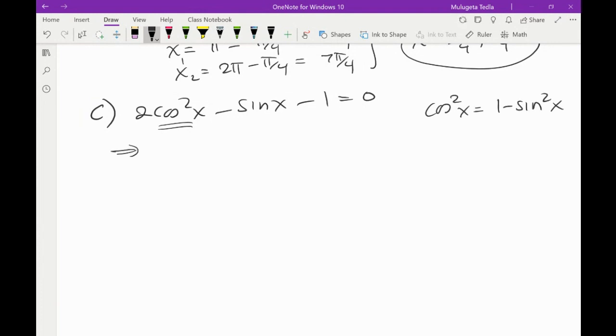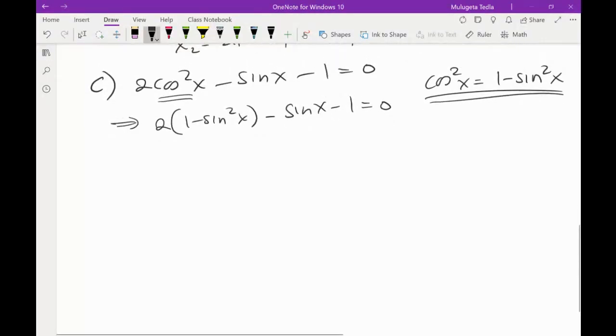So I will write 2 times 1 minus sine squared of x minus sine x minus 1 equals 0. That's the best identity to use, because we want the same angle x. We don't want a double angle formula or anything. So this is 2 minus 2 sine squared of x minus sine x minus 1 equals 0.